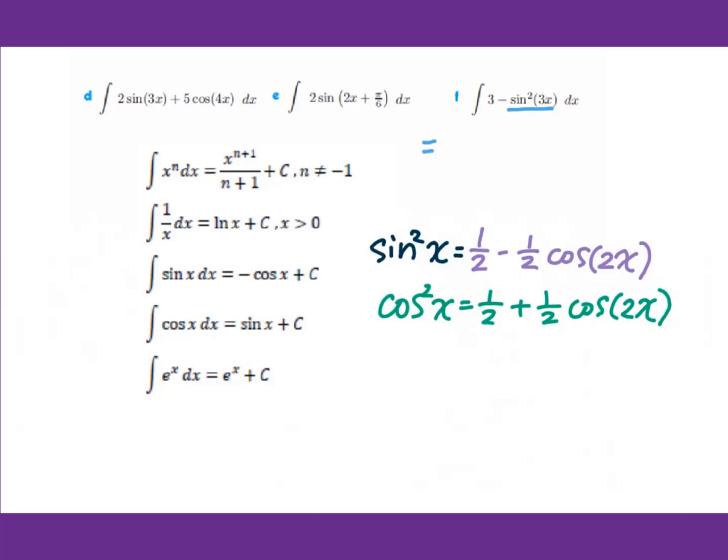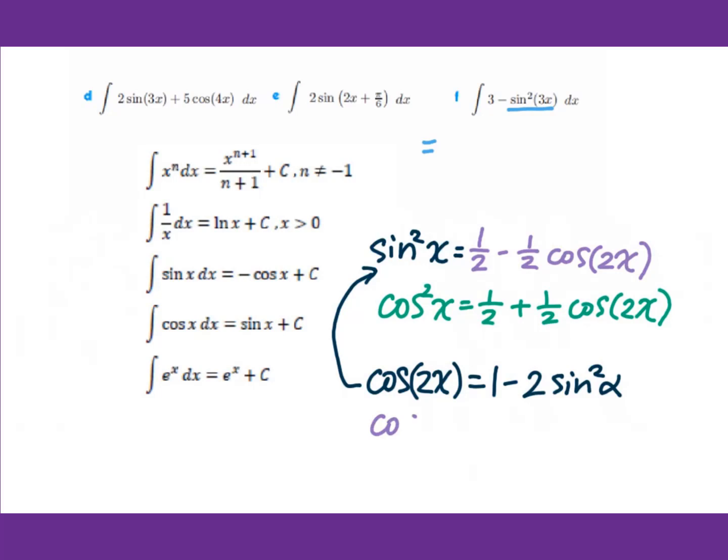The reason why is we know cosine 2x equals 1 minus 2 sine square x. Therefore, you will get sine square x equals 1/2 minus 1/2 cosine 2x.